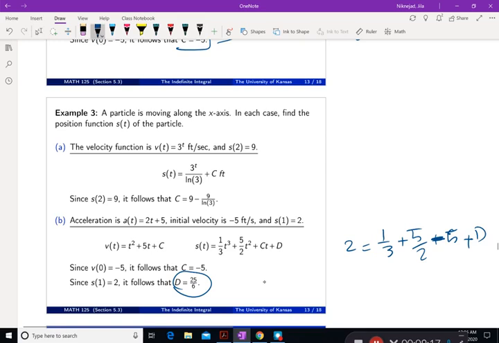So s of t basically is t to the power 3 divided by 3 plus 5 t to the power 2 divided by 2 minus 5t plus 25 over 6, by replacing c and d.